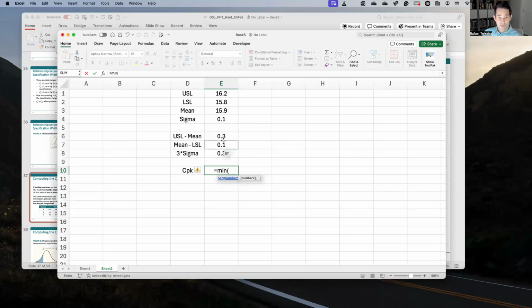The first number is my upper specification limit minus the mean divided by 3 sigma. My second number is the difference between the mean and the lower specification limit divided by 3 sigma. And I want Excel to bring the smallest of these two numbers, which is 0.33.